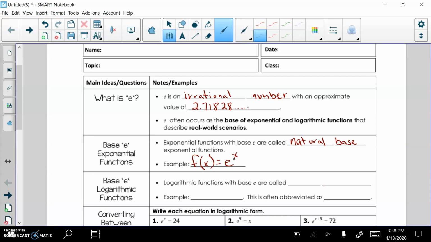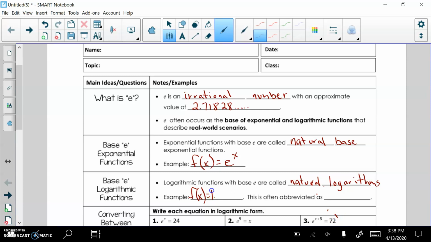Logarithmic functions with base e are called natural logarithms. I like how we said log natural for ln. Example, f of x is equal to log base e.